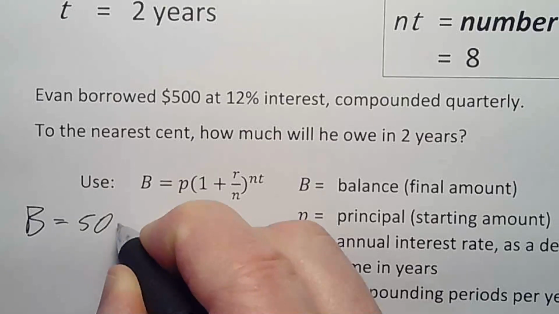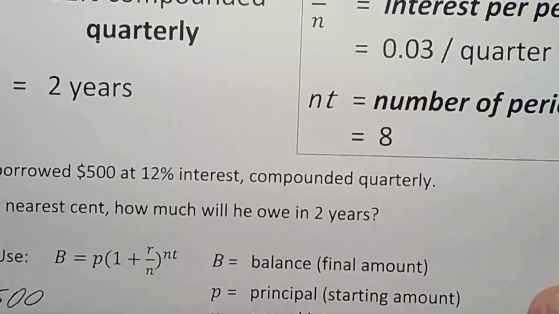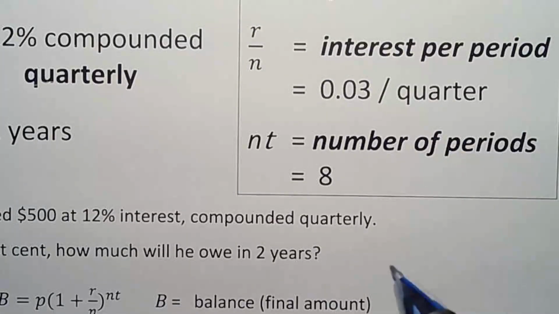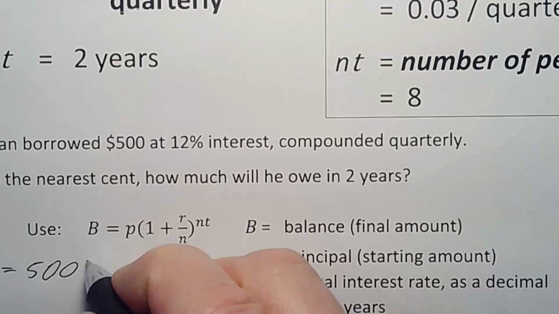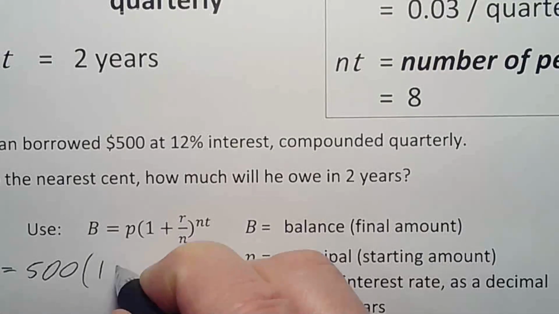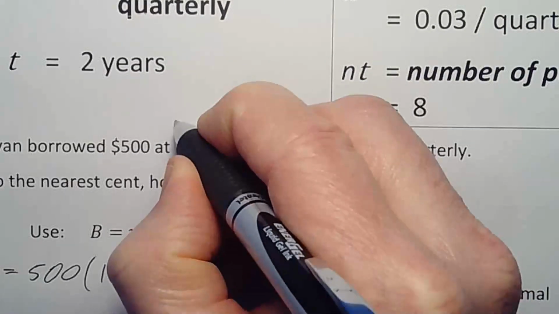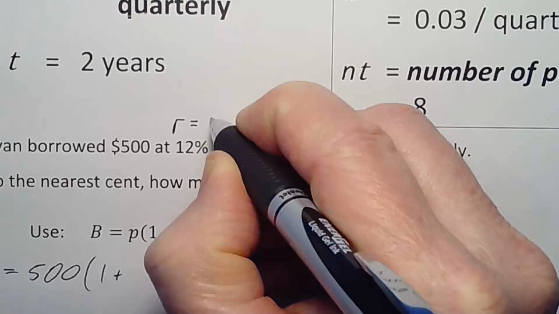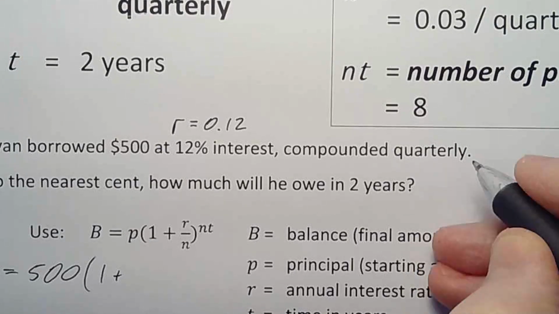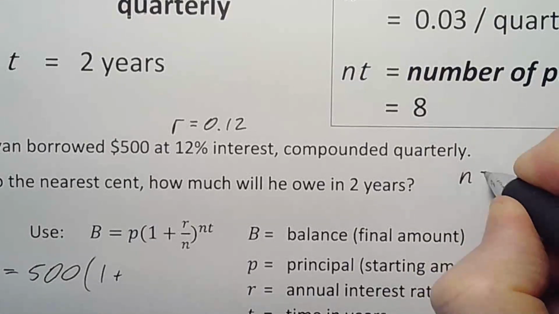Now, the key calculation that we did, which was up here, is that I've got to figure out R over N. Now, again, I'm just making it clear how you would have got this. Your interest rate is R equals 0.12, but I'm going to divide by N. Compounding quarterly means N is going to be 4.